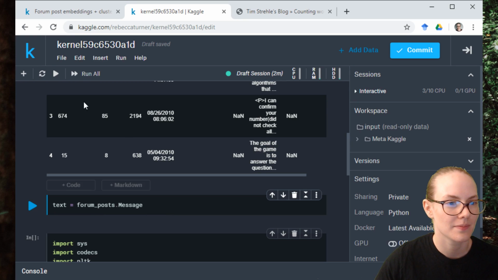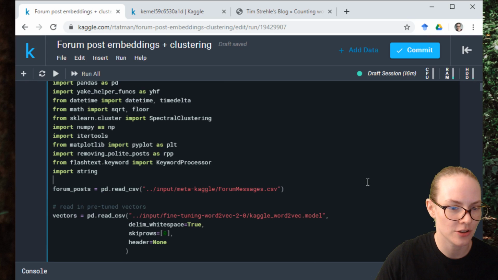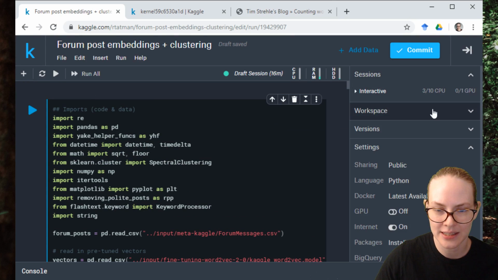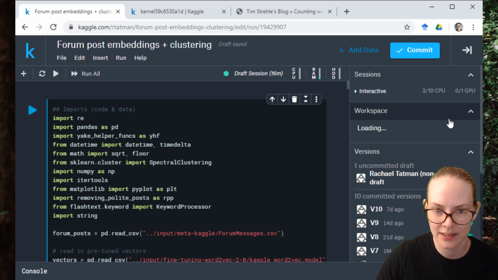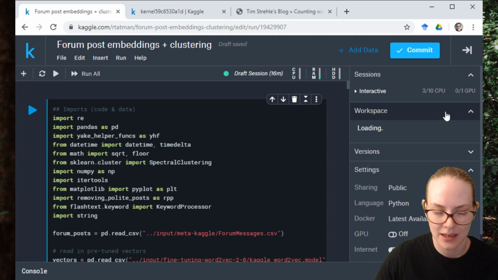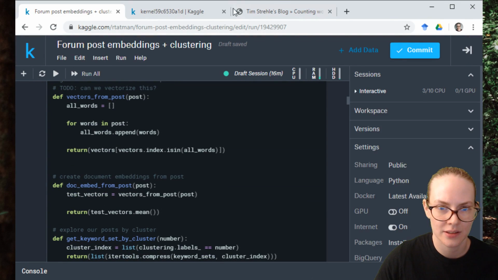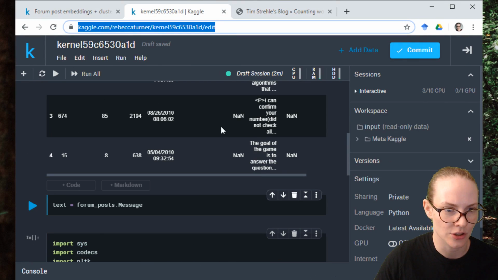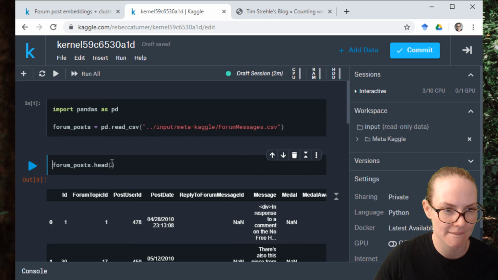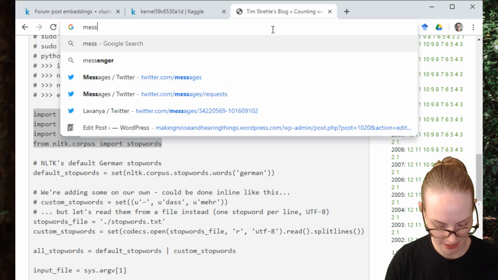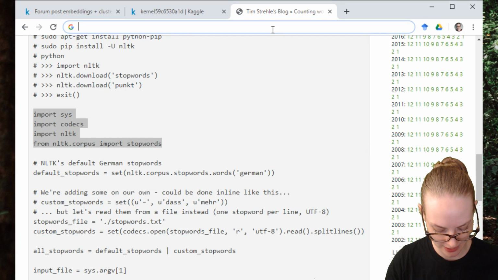How can I convert it to a single string? I think I already did that previously in one of the notebooks I did. Pandas column to string.